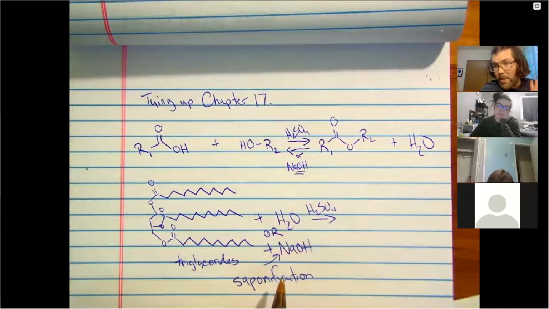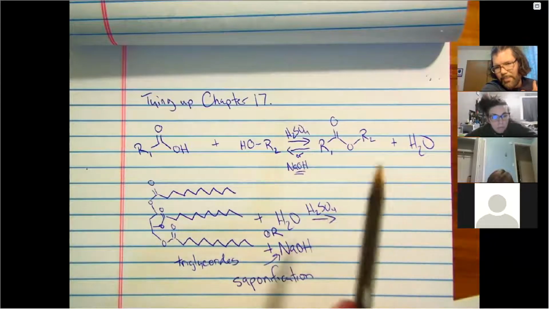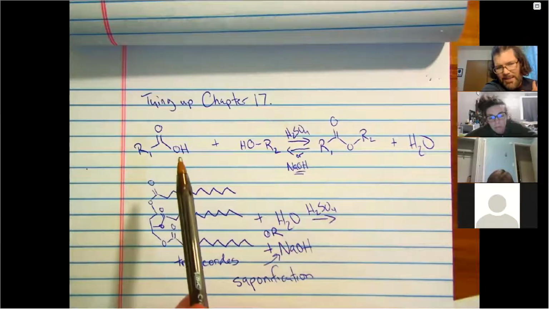This is a way to make soap. For example, pioneers might have gotten a strong base from using lye as their source, and their triglycerides would have come from animal fats. So animal fat and lye together give us a carboxylic acid.